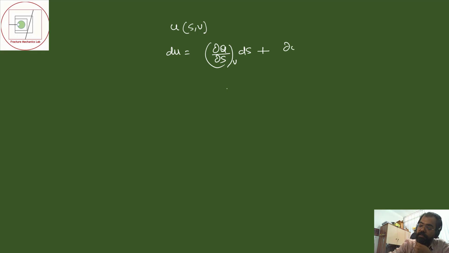So U as a function of S and V. So U is a function of S and V, so dU will be equal to del U by del S at constant V dS, plus del U by del V at constant S dV.